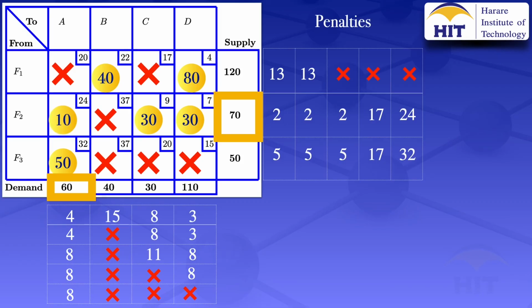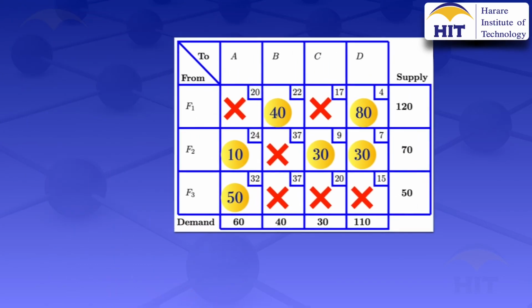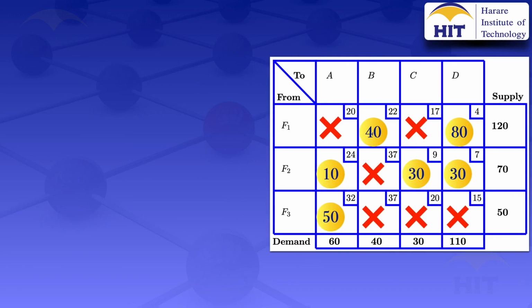So we have made all the allocations, and then we just have to check if all the things are balancing before we interpret that table. We look at the first row, it has allocations of 40 and 80, which add up to 120. The second row, we have 10 plus 30 plus 30, which adds up to 70. The third row, we have the 50, which satisfies the supply there of 50.